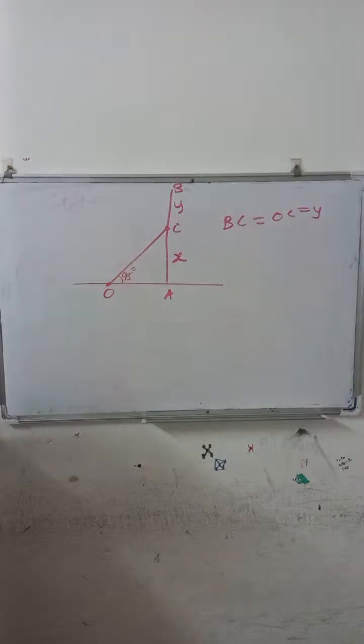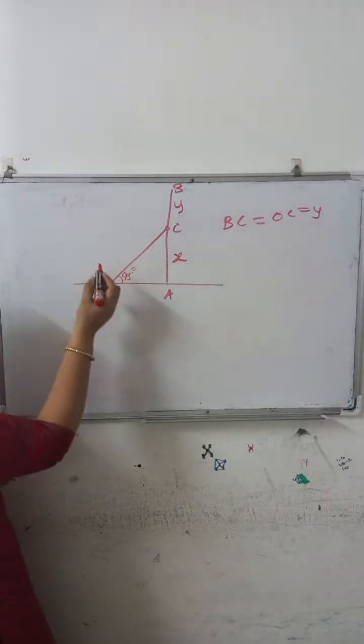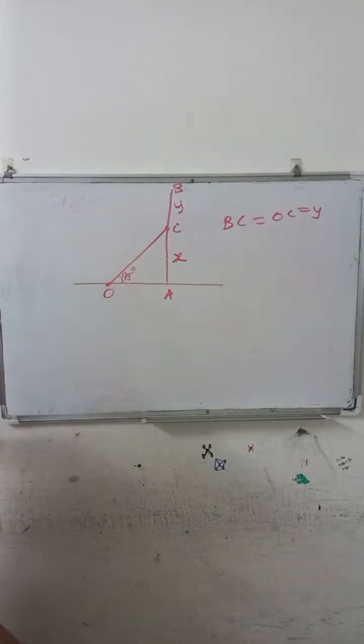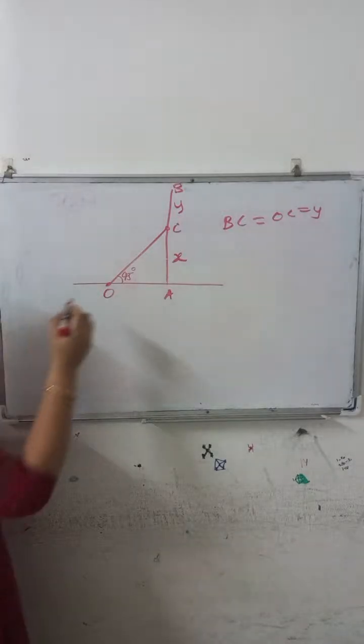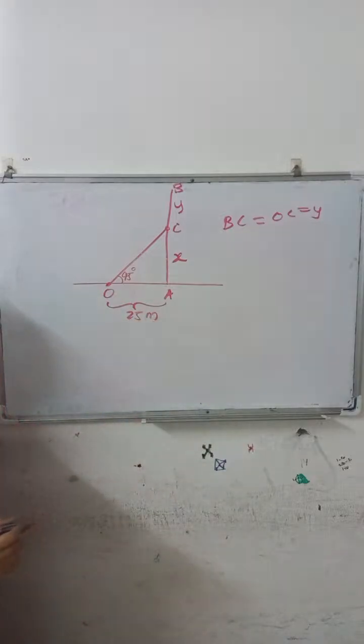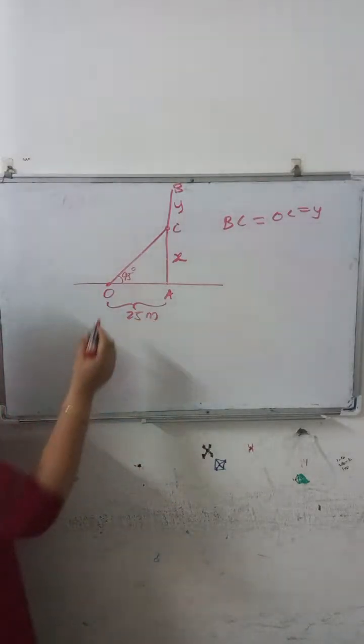Can you apply something here? I know only this 45 degrees. Apart from that, no information is given. The distance of 25 meter from the foot of the pole means this OA is given, 25 meter.